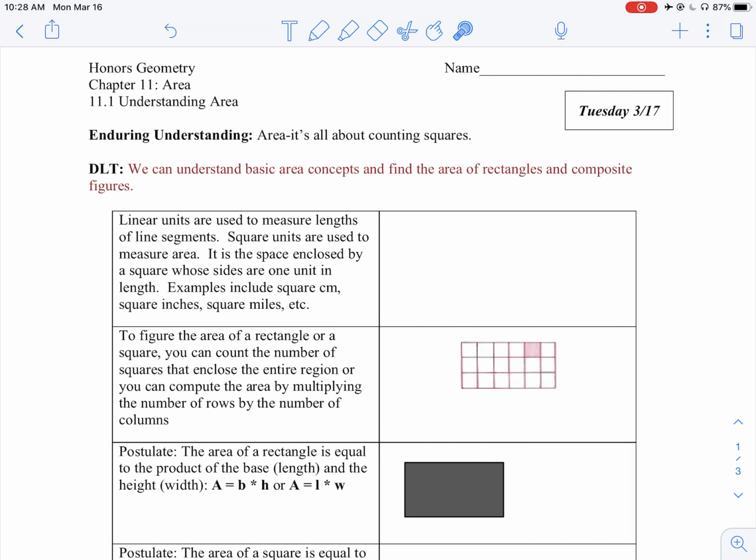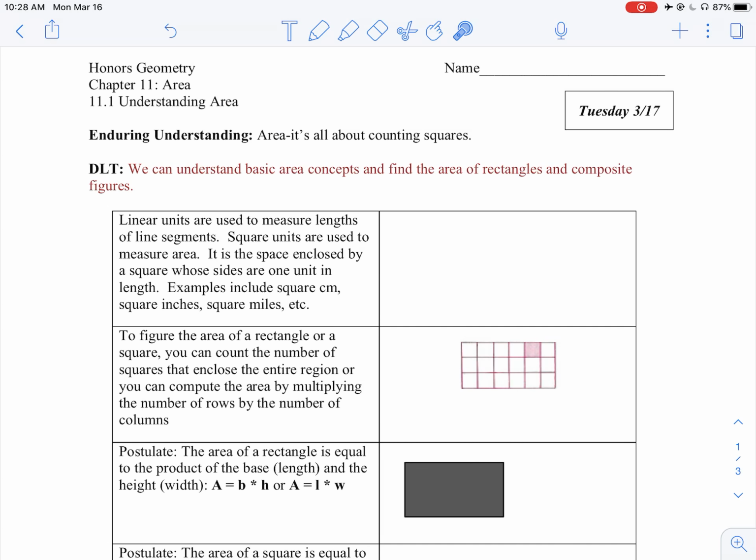So the big idea behind area is what we've done before with measurements is we've started with what we call a linear unit. A linear unit can be defined as any sort of length, but let's say I call this my one linear unit made up of a line segment. And with this linear unit, this could be 1 centimeter, 1 inch, 1 mile.